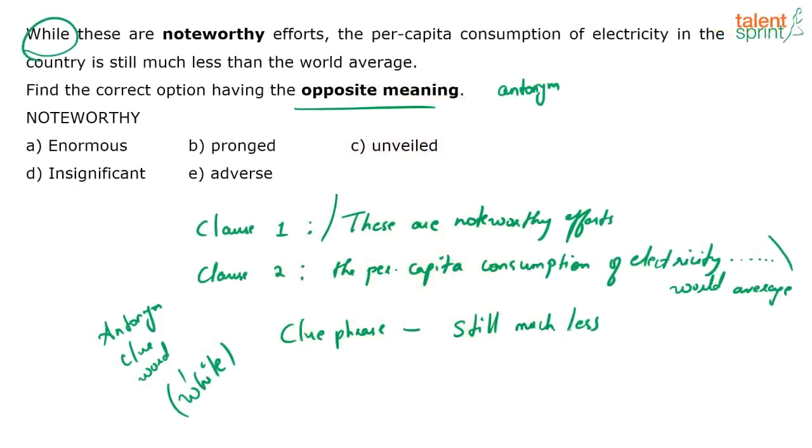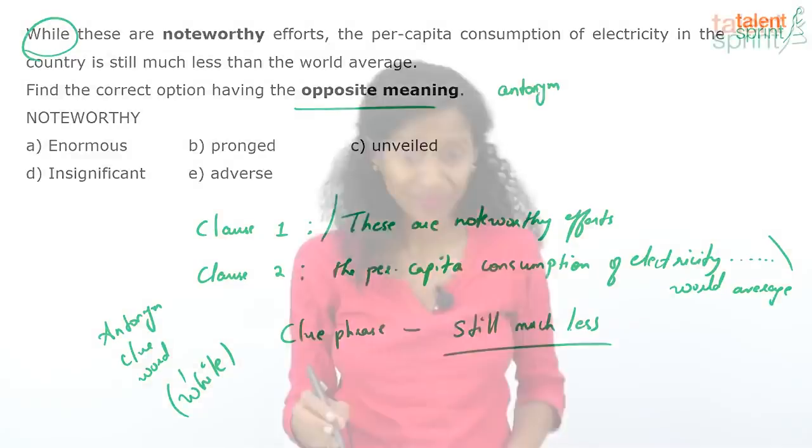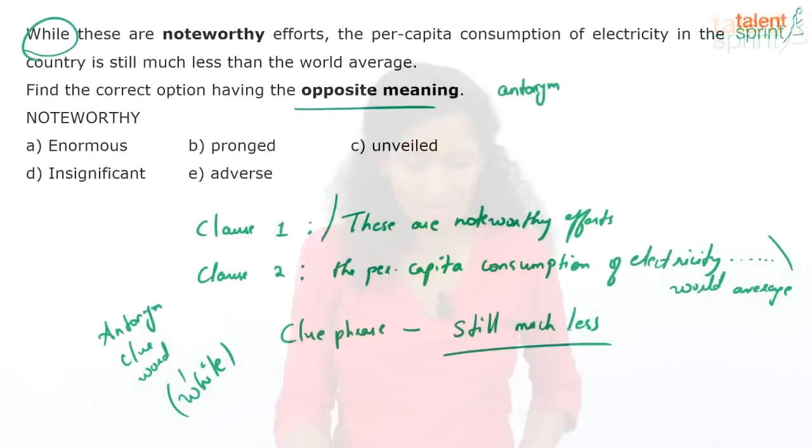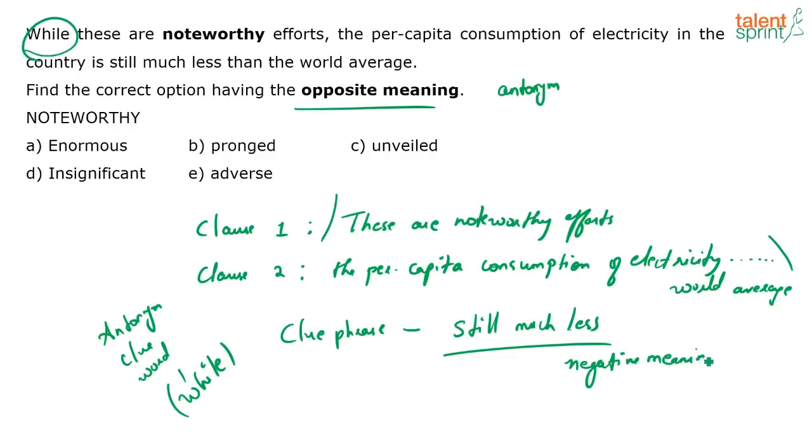While these are noteworthy efforts, what's happening? The per capita consumption of electricity in the country is still much less. So still much less is giving me what meaning? A negative meaning, right? So this is giving me a negative meaning, which means noteworthy will be a positive word.